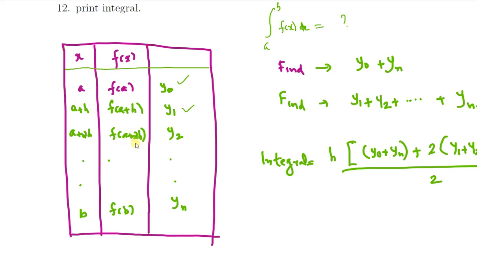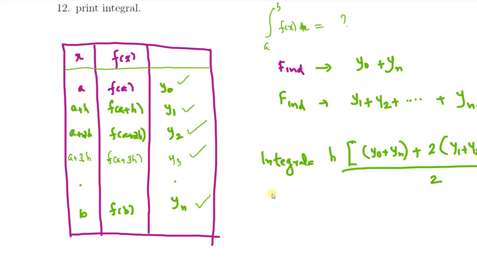That value is taken as y2. Next, again give a small increment in the value of x, x equal to a plus 3h. You find the value of f of a plus 3h, you take it as y3, etc. Finally, substitute x equal to b and find the value of f of b, you take it as yn, and substitute in this particular equation.